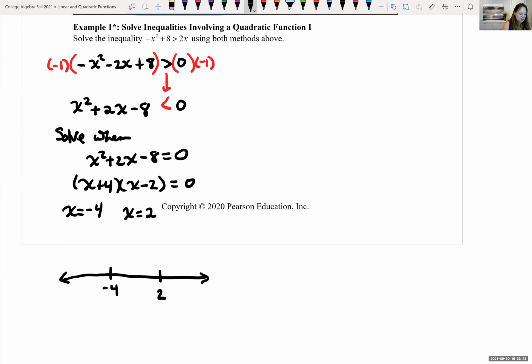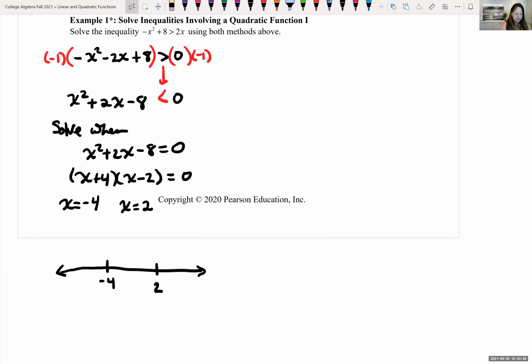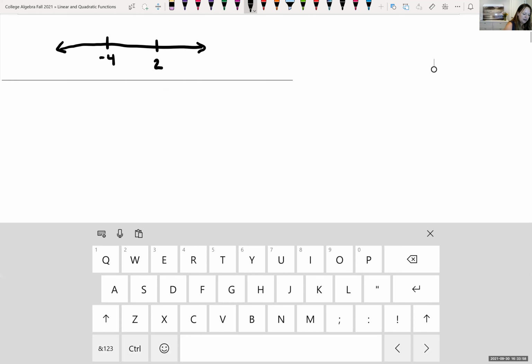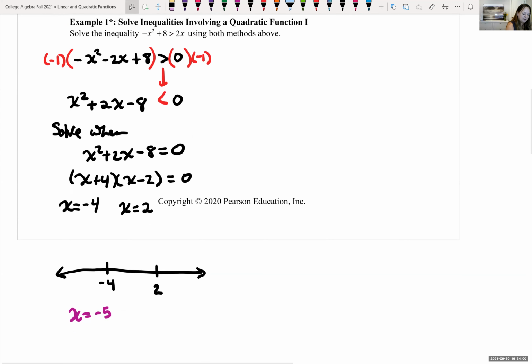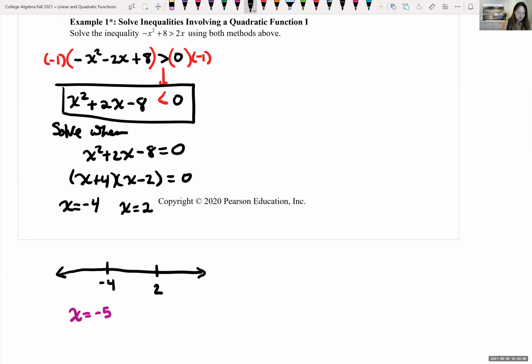And so let's choose any number to the left of -4, and it doesn't matter. I normally choose smaller numbers just to make it a little easier. So let's choose x equals -5. So if we go back in here and plug it into this function, I normally plug it into my inequality and ask myself, is that a true or false statement? The directions say, let's do a sign analysis.